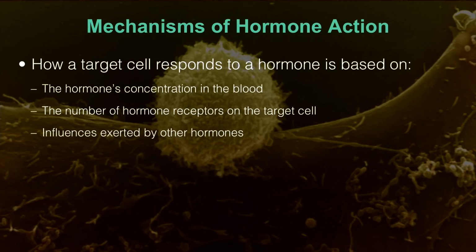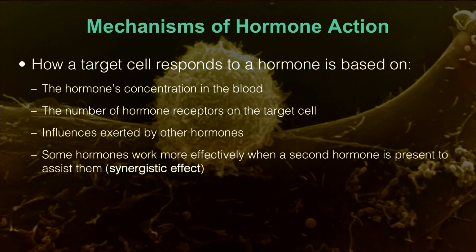So if we think of the lock and key mechanism, imagine you have a deadbolt and then a handle lock. You're only going to open the door with your handle lock key if the deadbolt's also been opened. So sometimes a hormone can only activate and bind to the receptor if another signal is present.